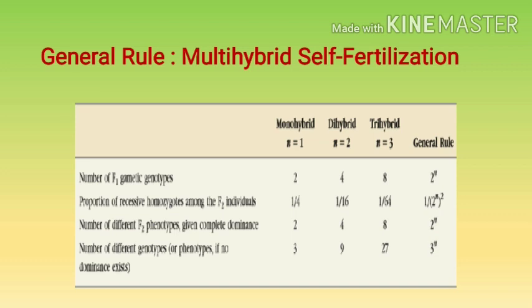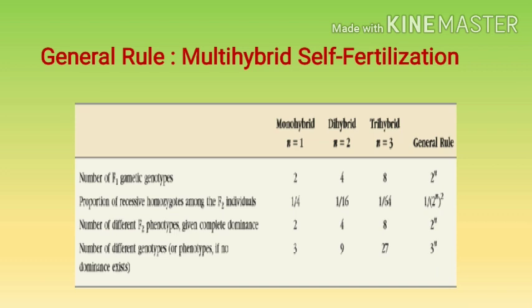and the last is the number of different genotypes. So it is defining the genotypic ratio. So genotypic ratio for monohybrid cross was 1:2:1, which means you have 3 different kinds of genotypes in case of the monohybrid cross. In same way there are 9 different kinds of genotypes in case of the dihybrid cross, 27 different kinds of genotypes in case of the trihybrid cross, and the general rule is 3 raised to power n.